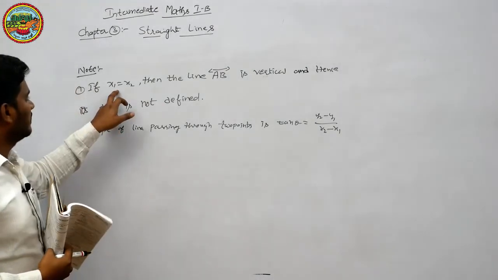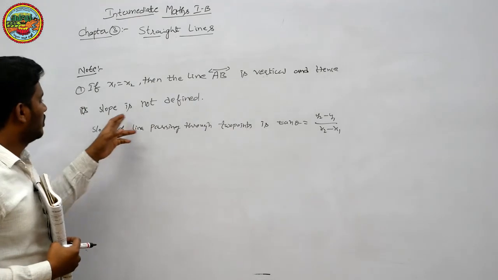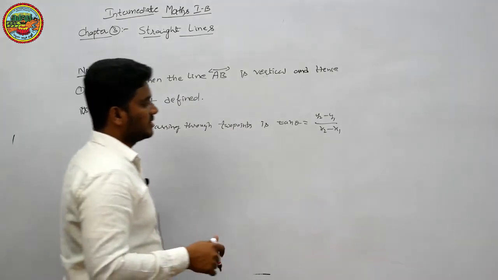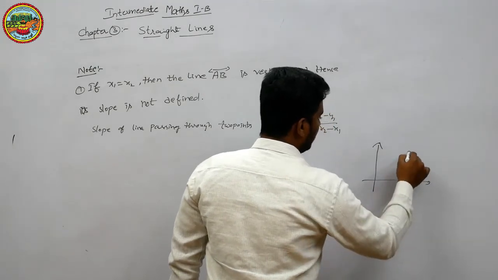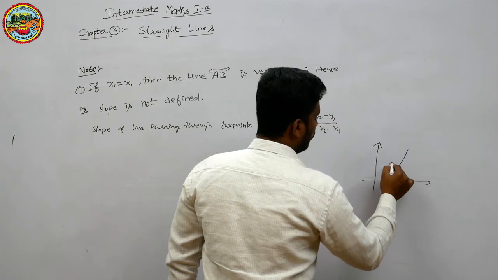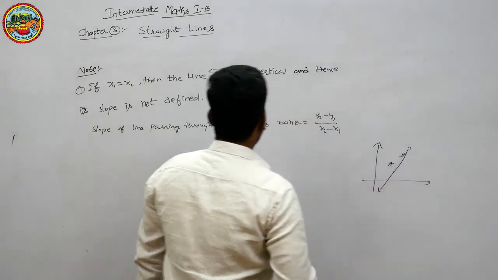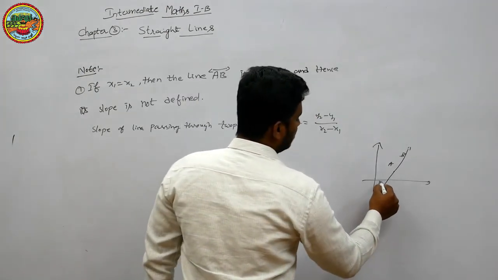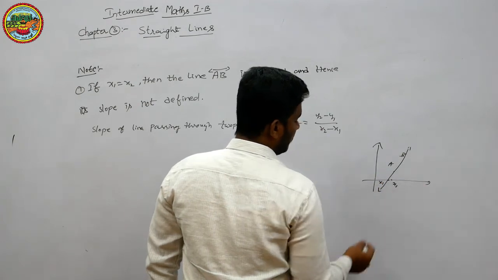So if x1 is equal to x2, then the line AB is vertical and hence the slope of the line is not defined. Which means, since the diagram we have, here is the line AB passing through 2 points. So here we have x1 and x2 from the previous diagram.